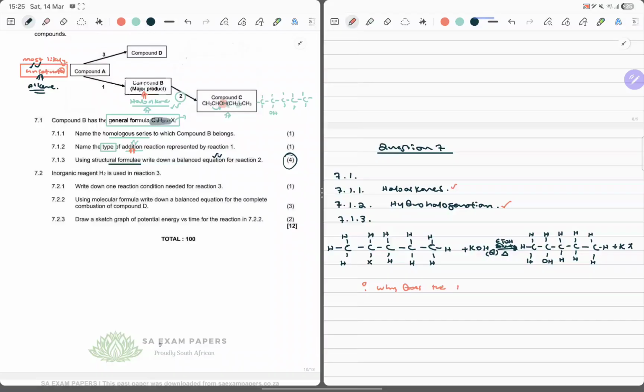Why does the halogen, or you can say the halide ion, break away more easily than hydrogen from the carbon chain? Go and ask your teachers this question.